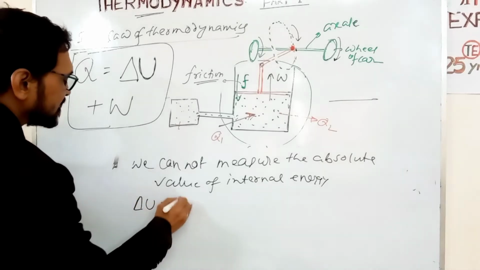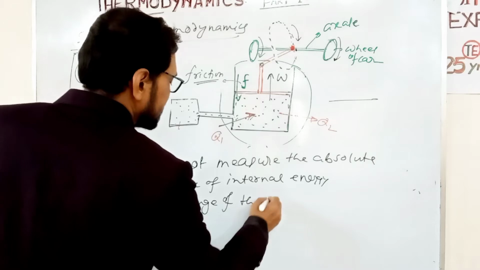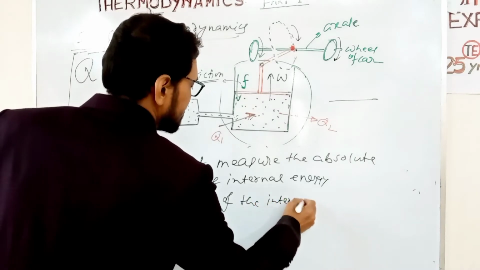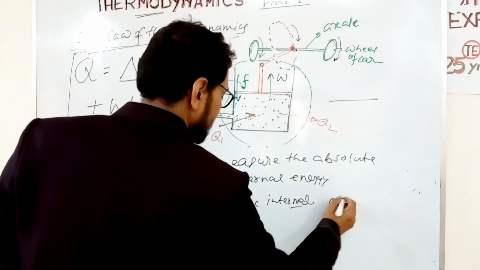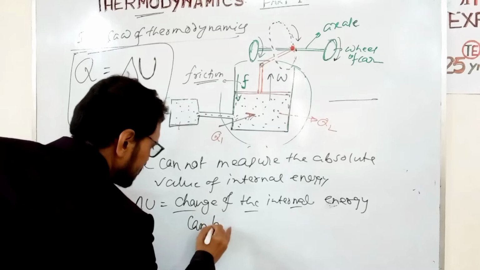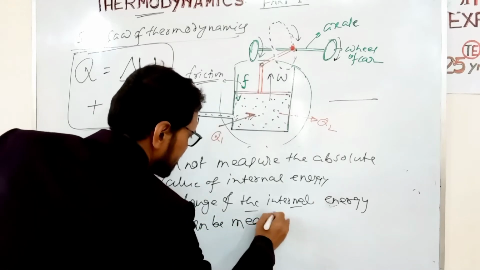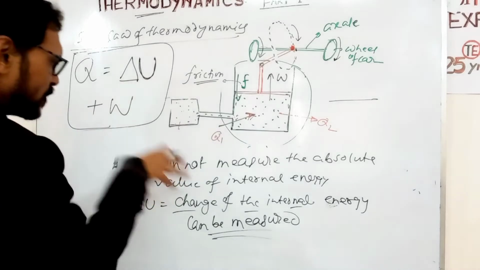Del U means change of the internal energy. Change of internal energy can be measured. So change can be measured, but the actual value cannot be measured.